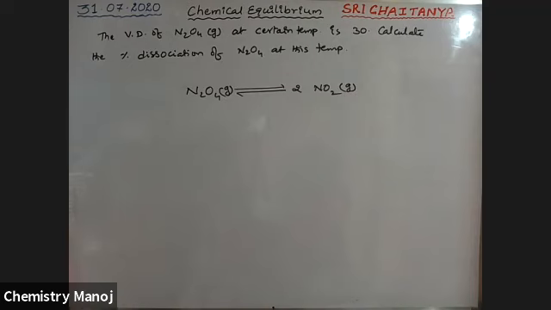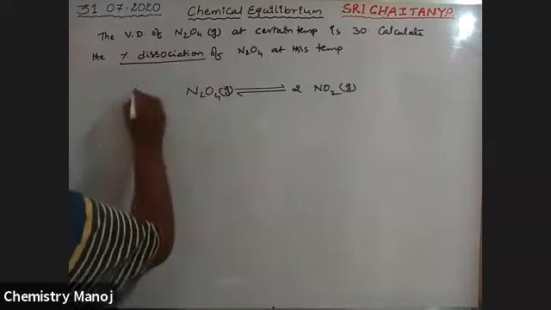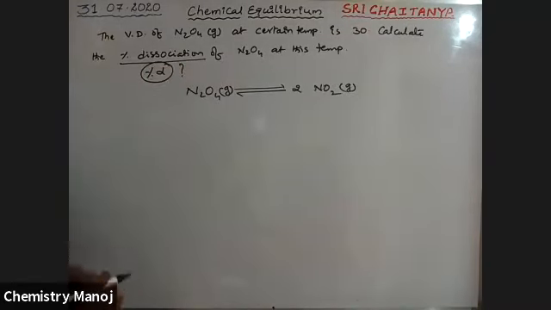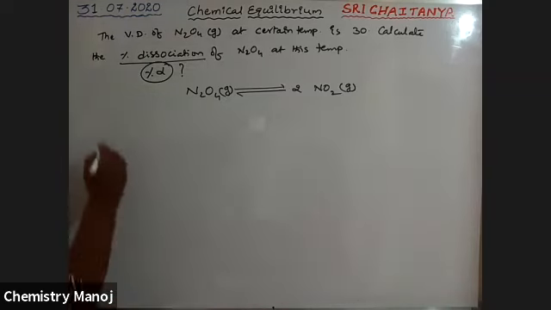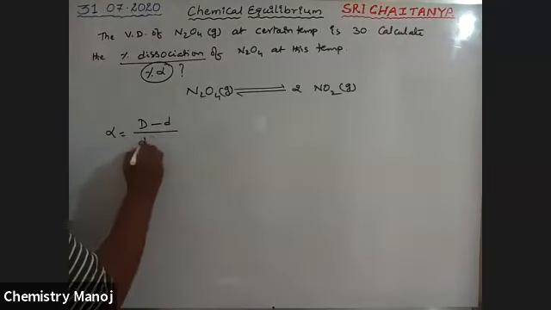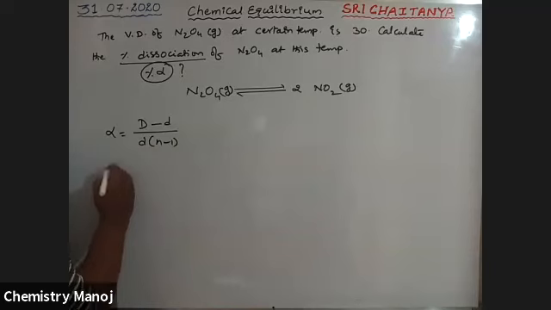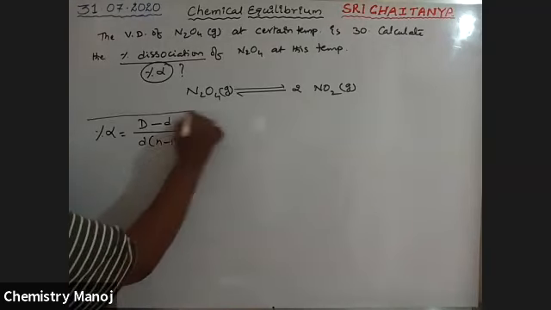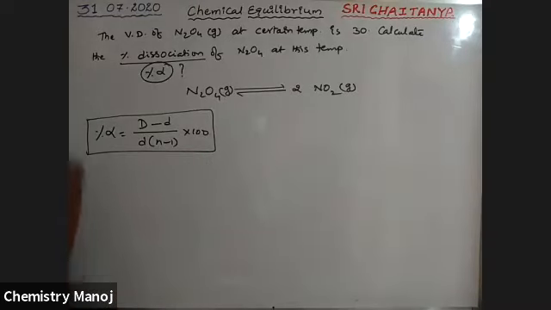So we want to find the percentage dissociation, that is percentage alpha. Alpha is equal to capital D minus small d by small d into n minus 1. If you want percentage, multiply by 100. So this is the formula to calculate this problem.